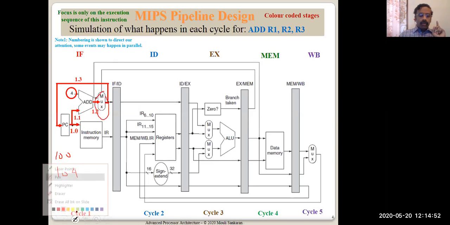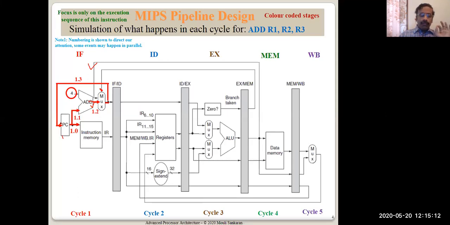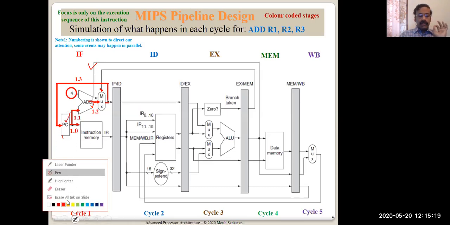It may take input from either this or this. Right now the MUX is configured by a control signal such that this output is taken in and fed back to PC. So PC will latch it. It's a register, like a 32-bit FIFO. So it will be latching the new address, which is 104 if our initial address was 100.